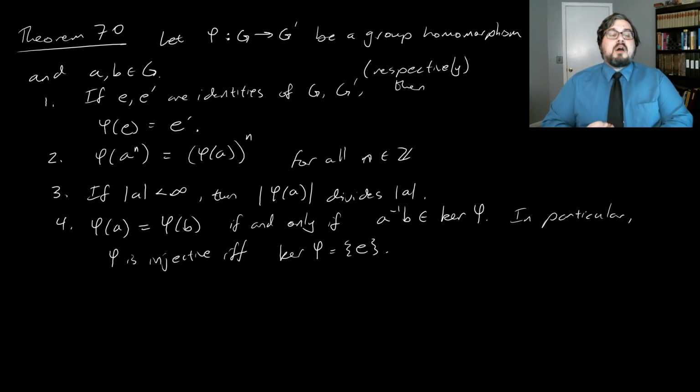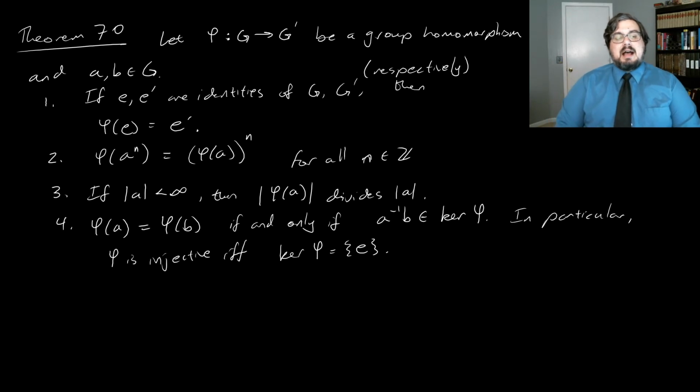Now notice that part 1 proves that the element E is always in the kernel, because the identity of G always gets mapped to the identity of G prime. If it's the only thing that gets mapped to the identity of G prime, part 4 is telling us that means that your function is injective.